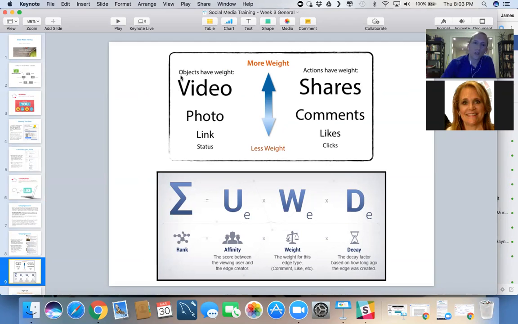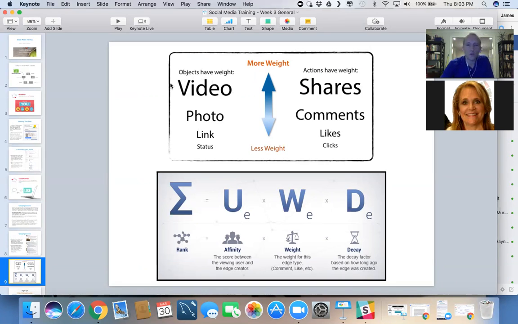Facebook has made it very loud and clear that in 5 years they want 100% of content on their platform to be video. Why? Because it stops you from scrolling and it catches your eye, no matter how ridiculous it is. This is why they've introduced Facebook Live. They want people sharing video content all the time. So this object has the most weight.